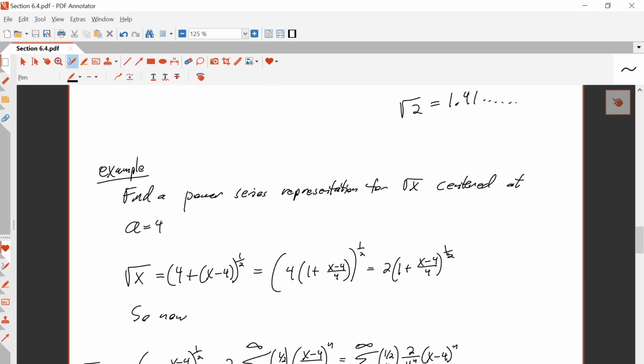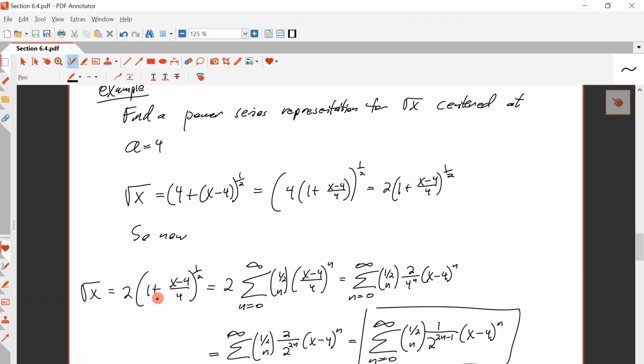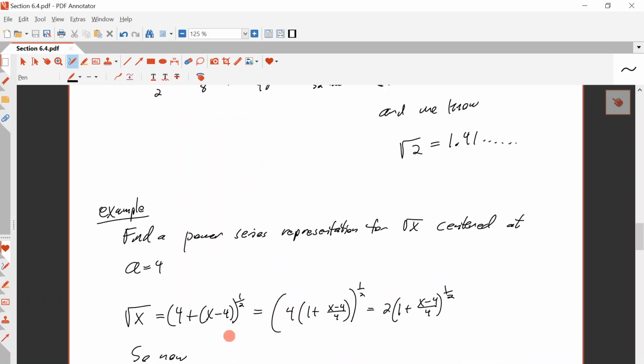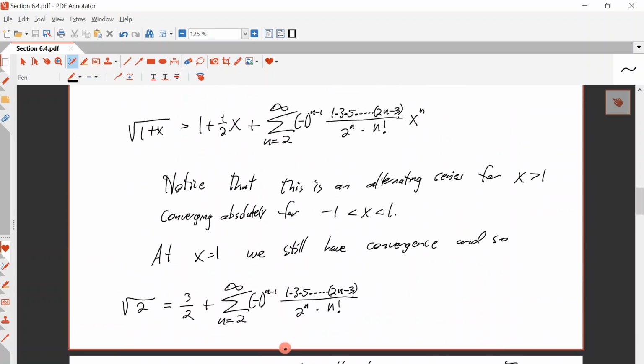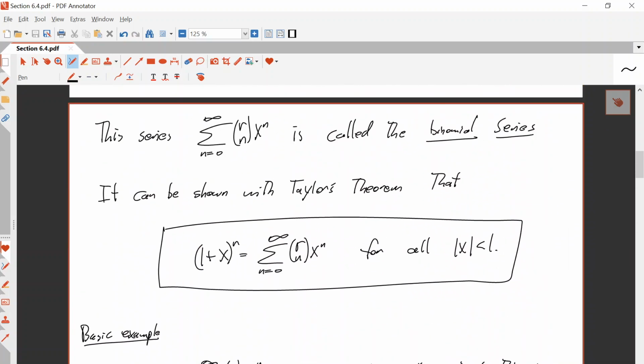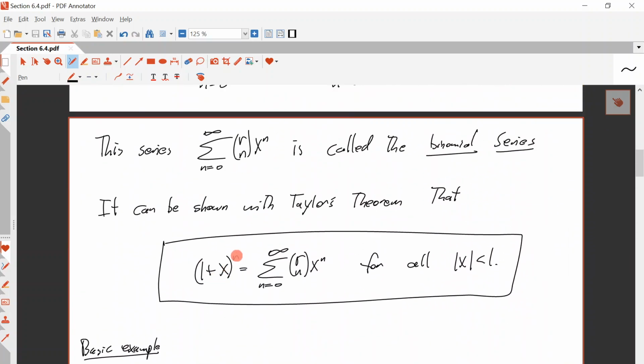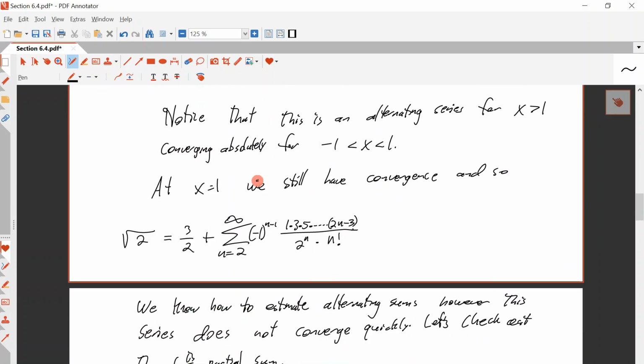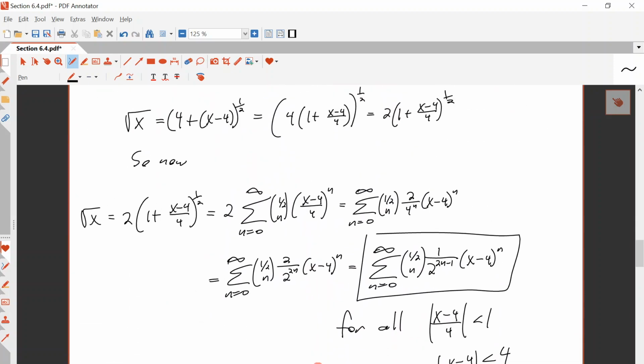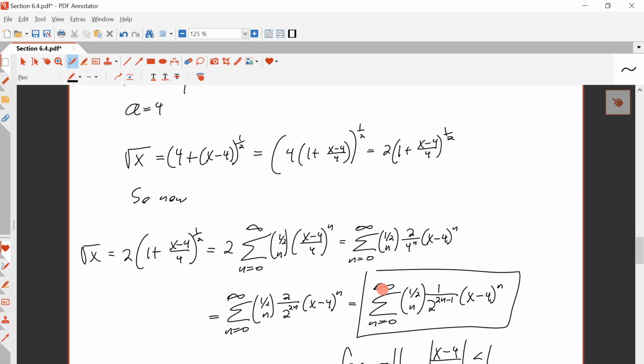Bring the 4 outside the square root, and now I have 1 plus blank to the 1/2 power. That's already in the form for the regular binomial series, which is 1 plus x to the r, which is this sum r choose n x to the n for all x less than 1. So whatever blob you have in the place of x, you can just substitute that in.